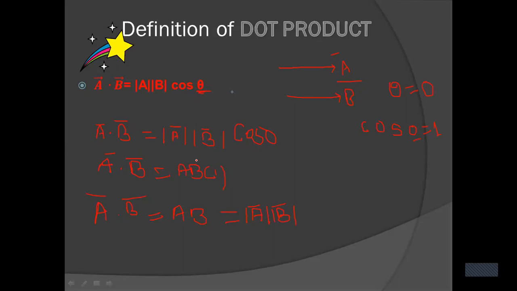So A bar dot B bar is equal to mod of A bar into mod of B bar, or it is also equal to AB. So this is your first condition.